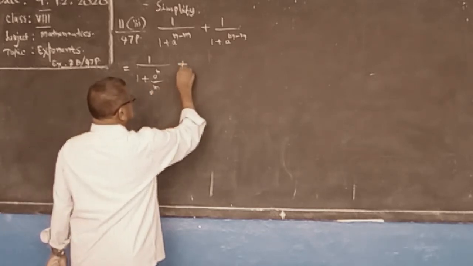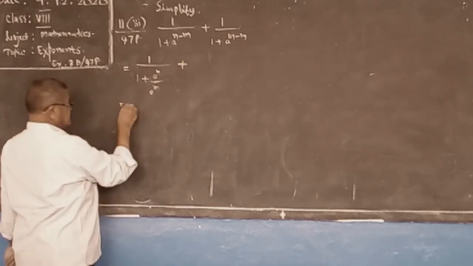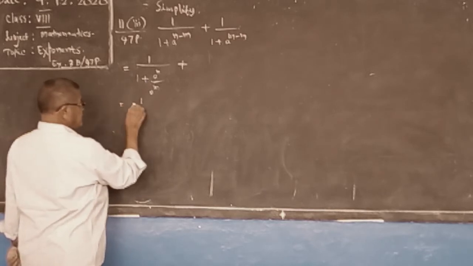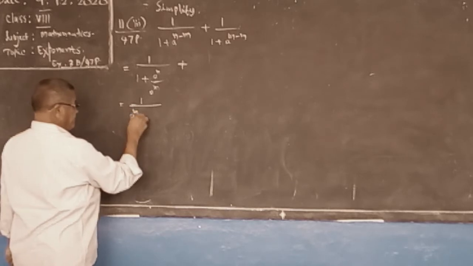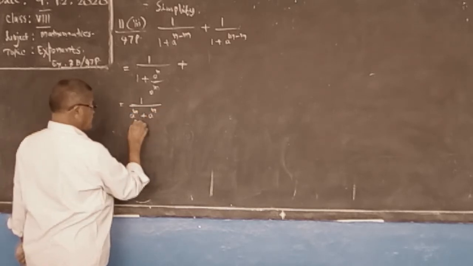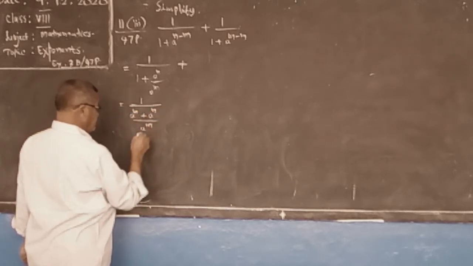Let us simplify this: 1 by a to the power of m plus a to the power of m by a to the power of m.